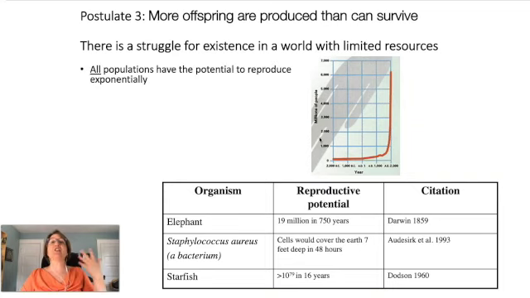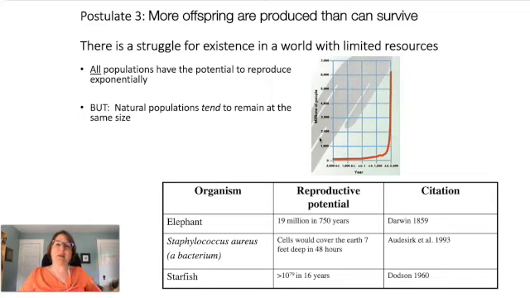That means there's a struggle for existence because all populations have the potential to reproduce exponentially. We know this by just looking at math, and we'll talk about this a lot later in the class. But here's another observation. Natural populations tend to remain roughly the same size, even though they have the potential to expand exponentially.